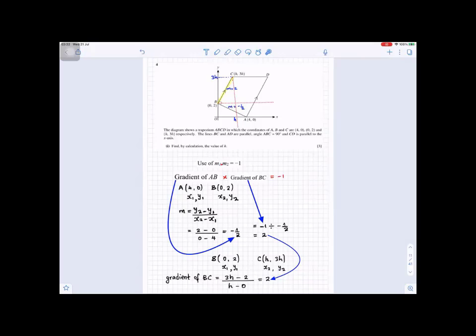The lines BC and AD are parallel. Angle ABC is 90 degrees and CD is parallel to the x-axis. Find by calculation the value of h.